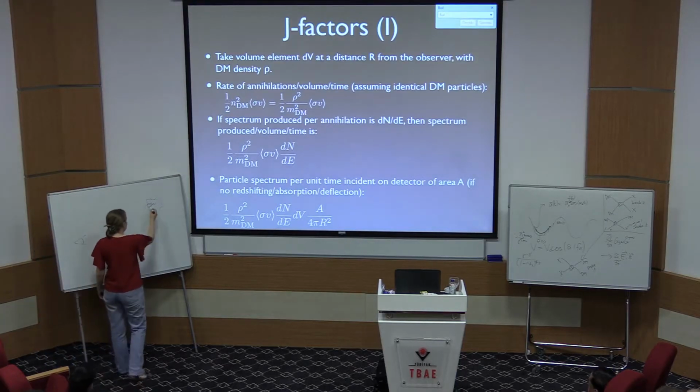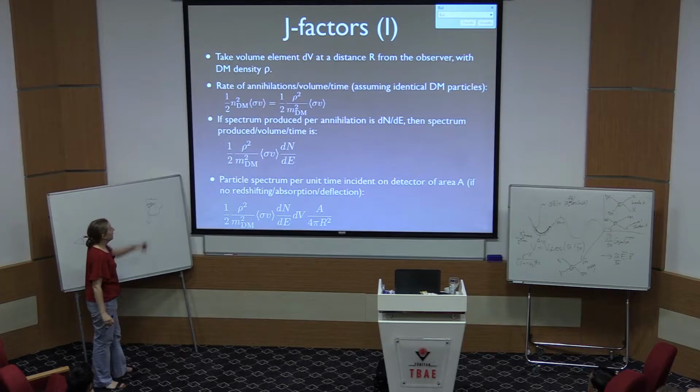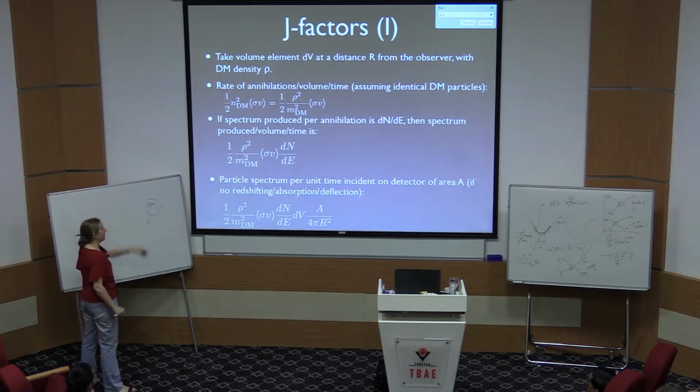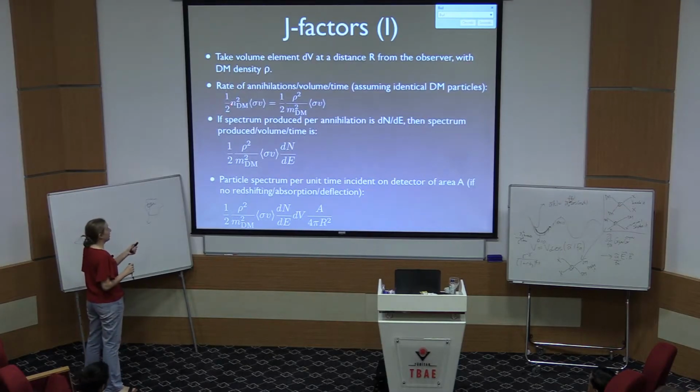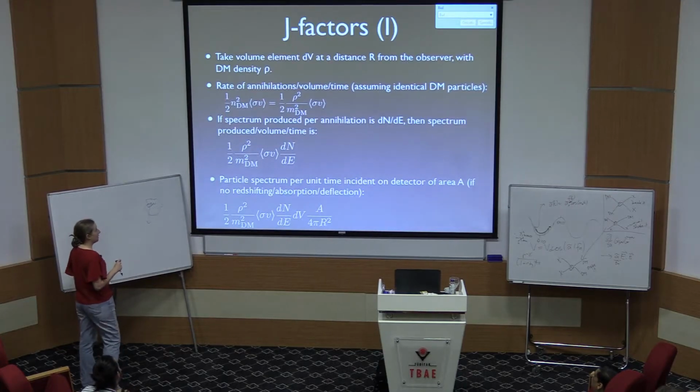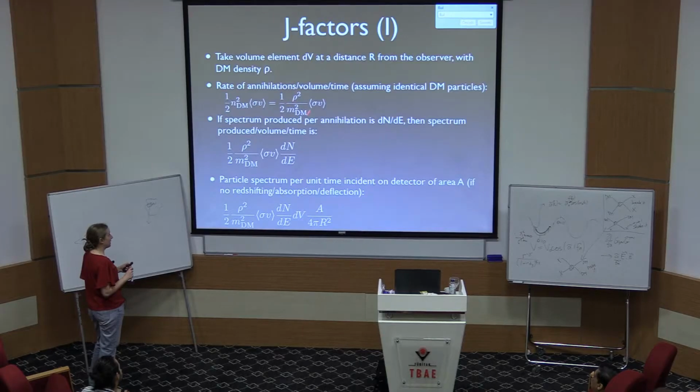So the amount of power within this region is the annihilation rate. So the annihilation rate is given up there. If I assume the dark matter is identical to itself, which is the standard assumption in this case, the annihilation rate is just given by half n squared sigma v, which I can rewrite in terms of the dark matter mass density and the mass of the dark matter. So let's suppose that in every annihilation, I produce a number of photons or neutrinos given by dN/dE.